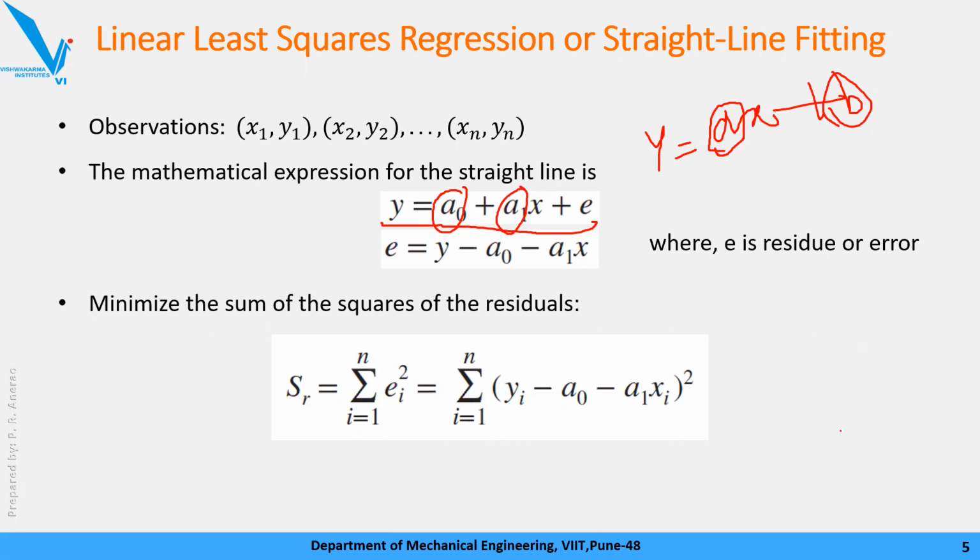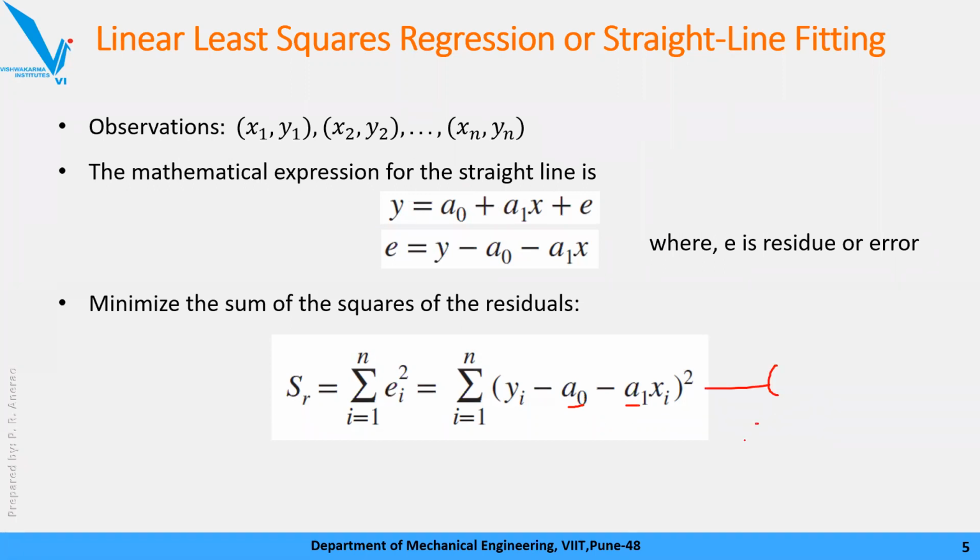So by using this formula, or this SR equation, we are going to come up with these unknowns and try to fit the data. So how can I get these unknowns a0 and a1? Differentiate this SR with respect to first a0 and then a1.